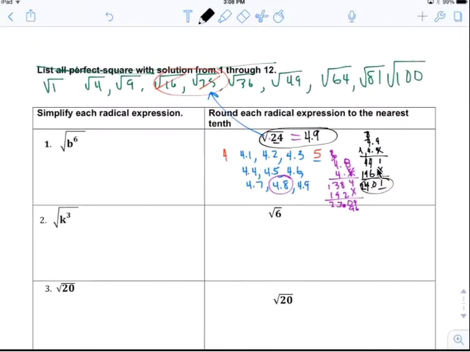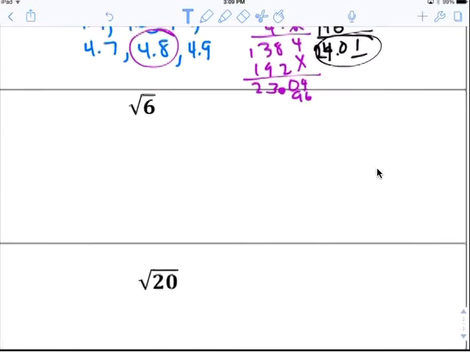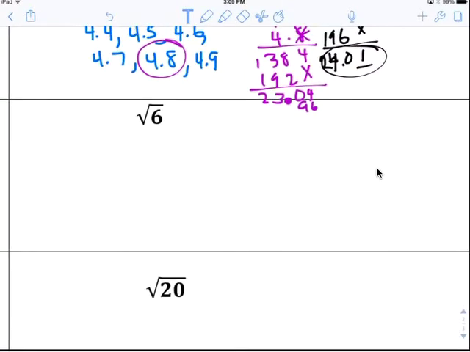Square root of 6 is between 2 and 3. Square root of 4 is 2. Square root of 9 is 3. So you choose two numbers, 2 and 3: square root of 4 and square root of 9.